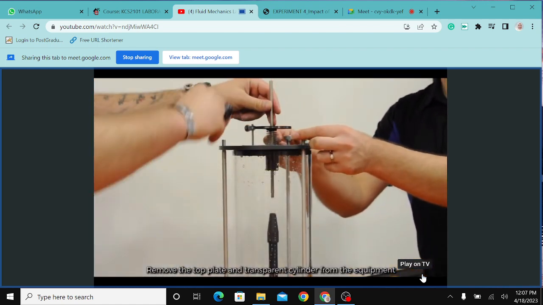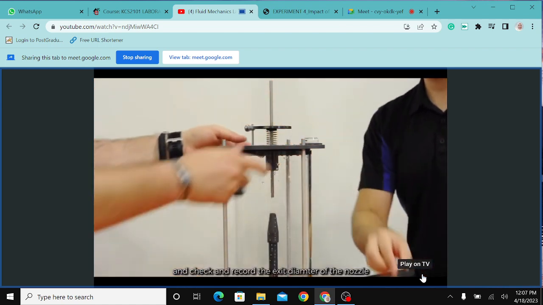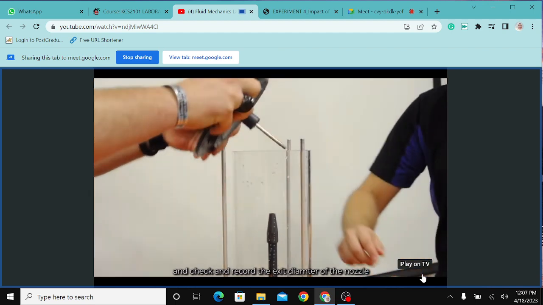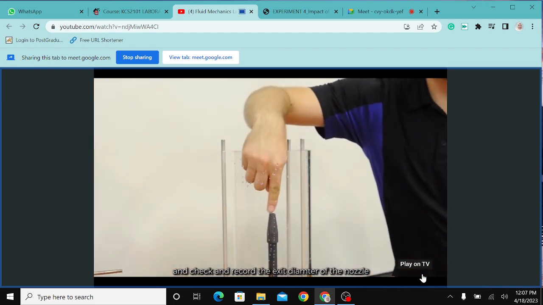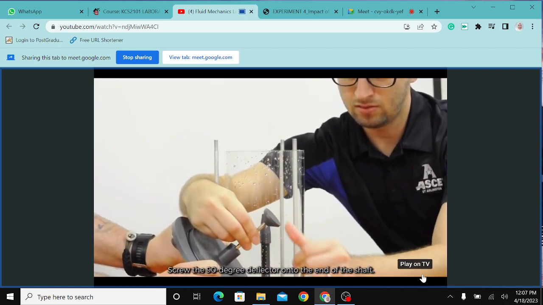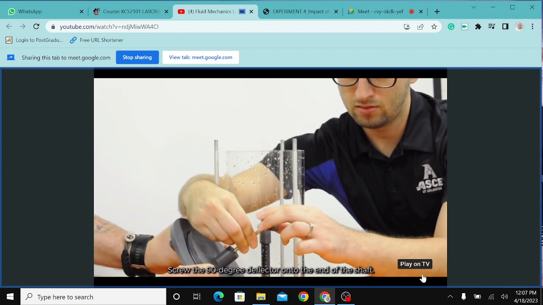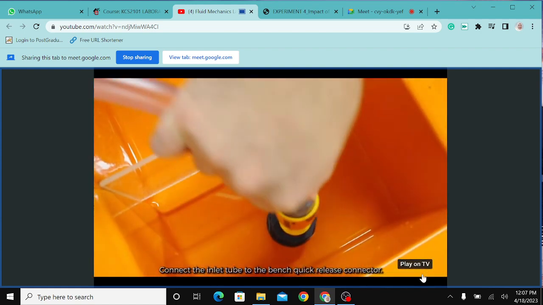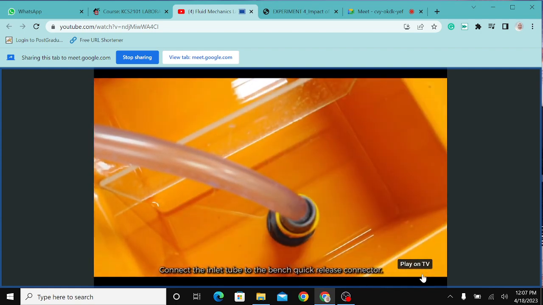Remove the top plate and transparent cylinder from the equipment and check and record the exit diameter of the nozzle. Screw the 90-degree deflector onto the end of the shaft. Connect the inlet tube to the bench quick release connector.